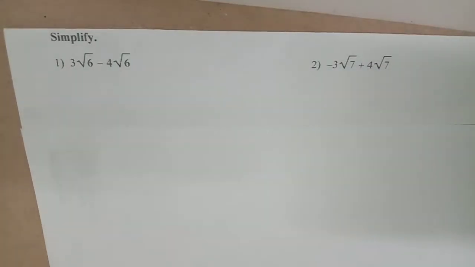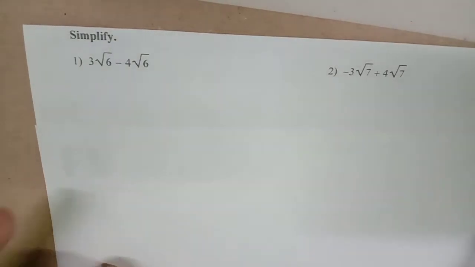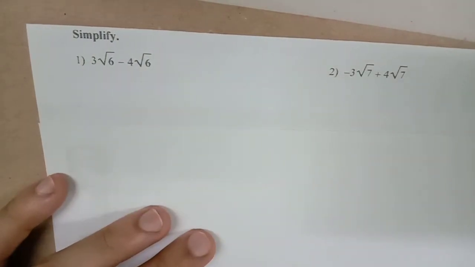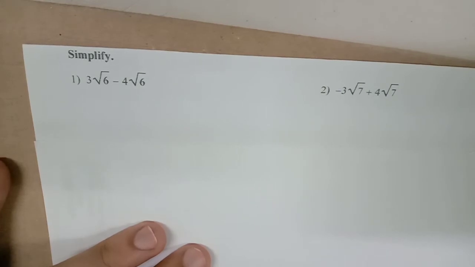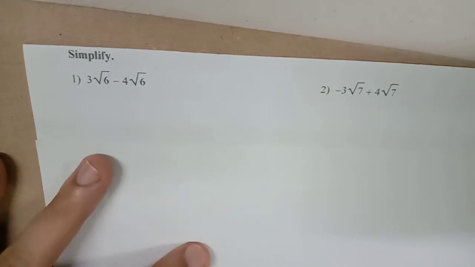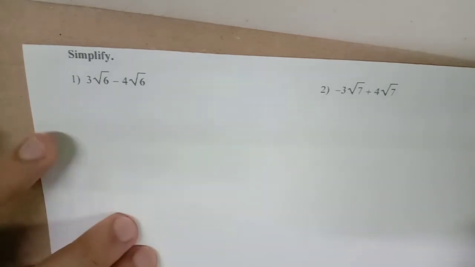Next, punta po tayo dito sa simplify. Ayan. So simplify or adding and subtracting radical expression. So we have an example which is 3 square root of 6 minus 4 radical sign of 6.